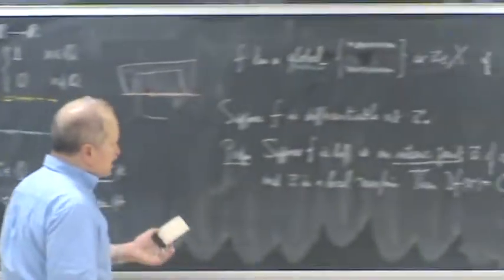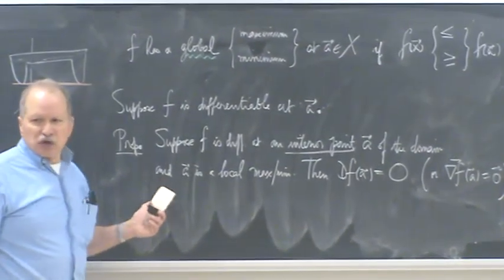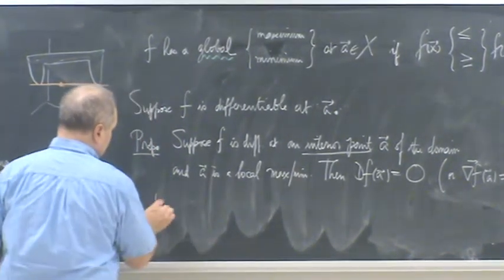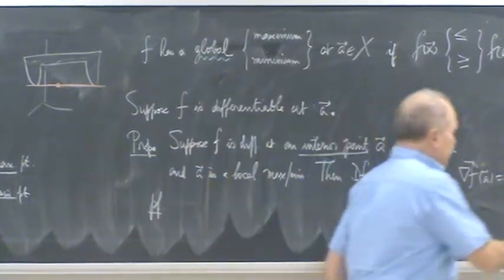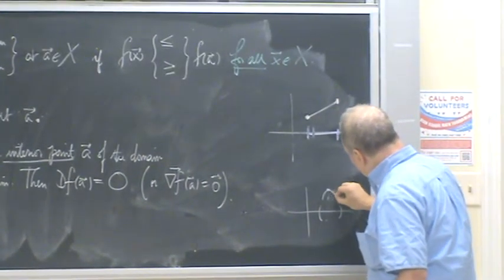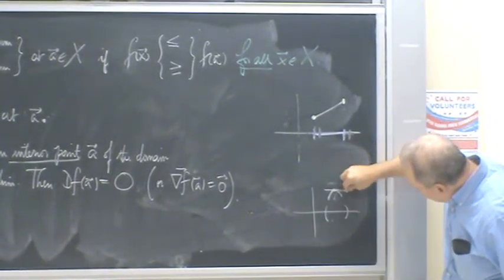Okay, so this is supposed to be a matter of reviewing from your single variable calculus why you knew that if you were on an open interval around a point and you had a maximum at that point, say, that the slope had to be zero.